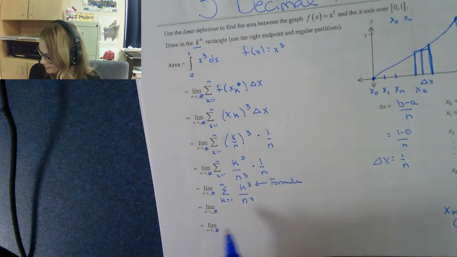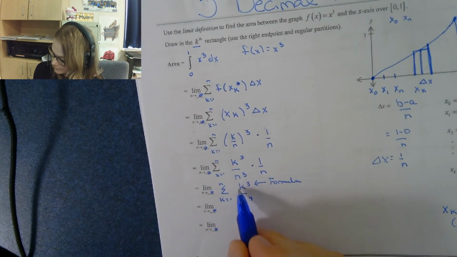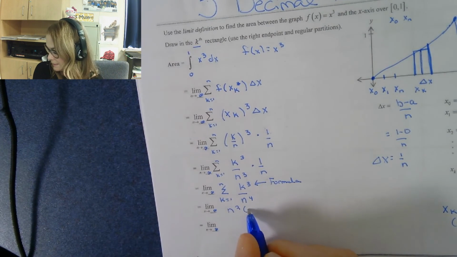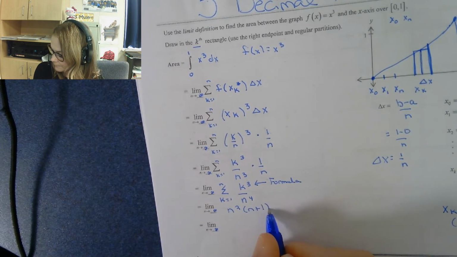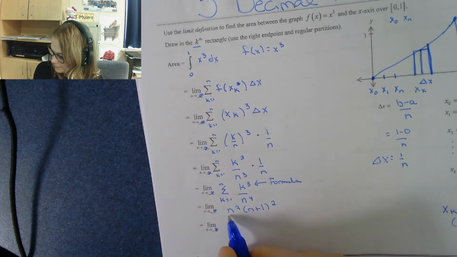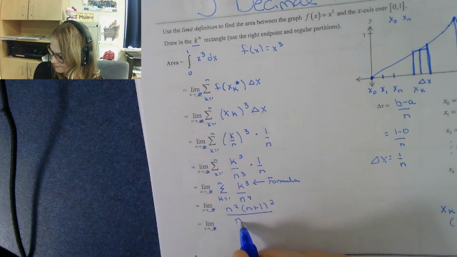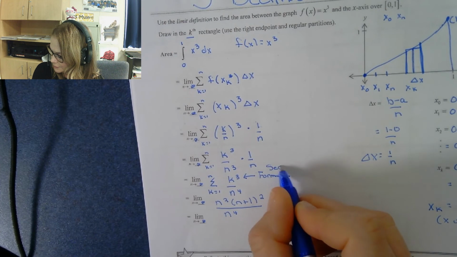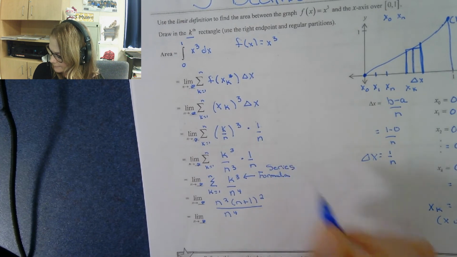All right, so this formula here is going to be n squared, n plus 1 squared, all over n to the 4th. This is the series formula from our series sheet, which is why we did that.